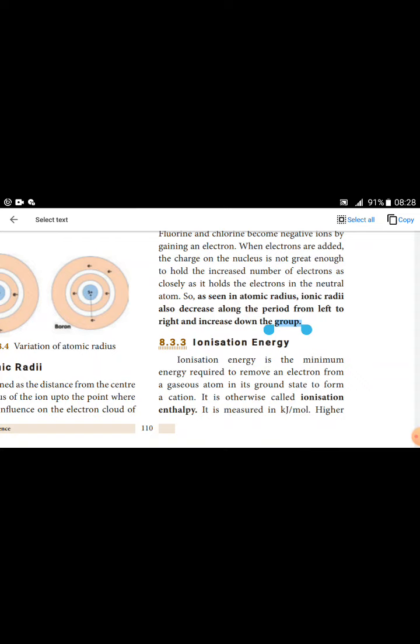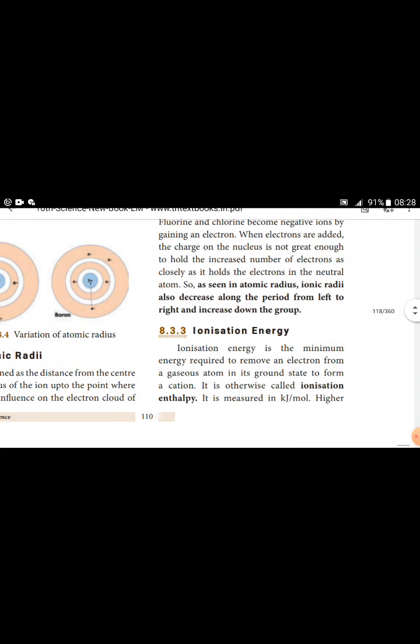Along the period, when we go left to right in the modern periodic table, atomic radius decreases because the nucleus imposes more attraction on electrons.